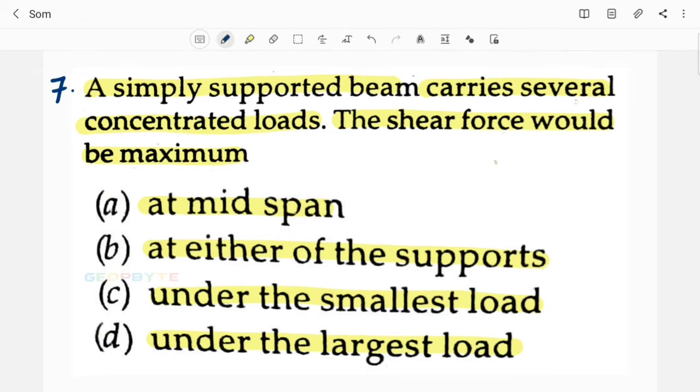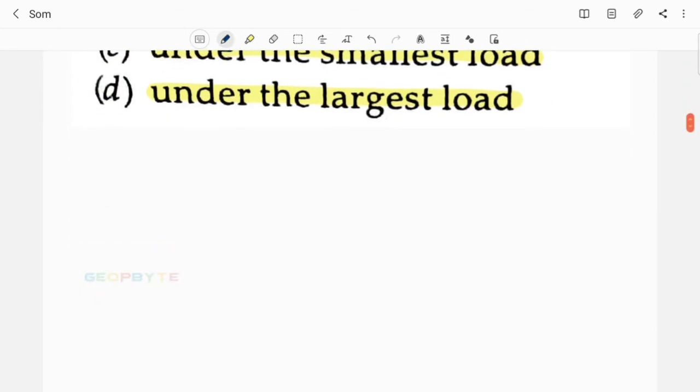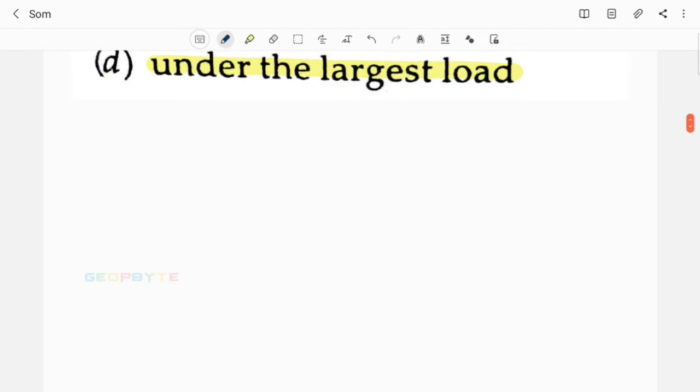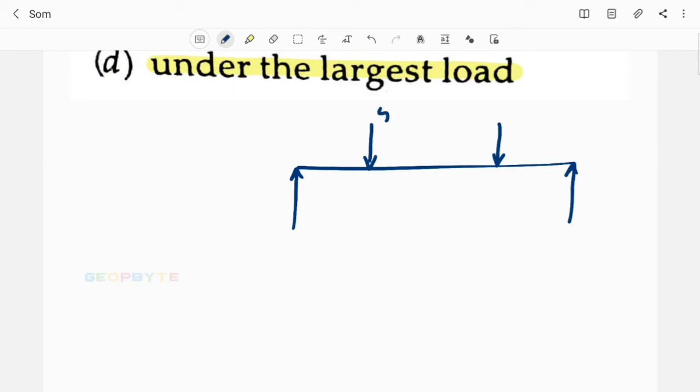For that, let us take the simply supported beam. This is the simply supported beam. Let us take two loads for deciding the maximum shear force. Somewhere here it is 5 kilonewtons, and let this be some 6 kilonewtons.